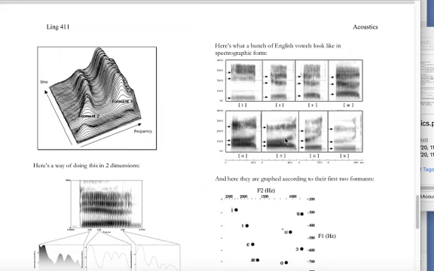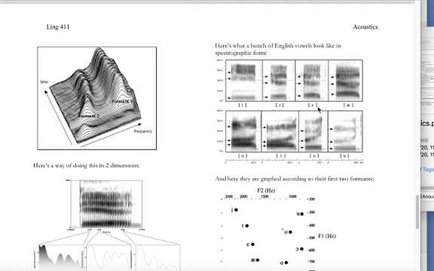You can also see that some of these have rising F2 trajectories. That's probably because of consonants. So let's ignore that for the moment. We're just going to look at the beginnings of the vowels. And these have much lower F2 for back vowels than for front vowels.